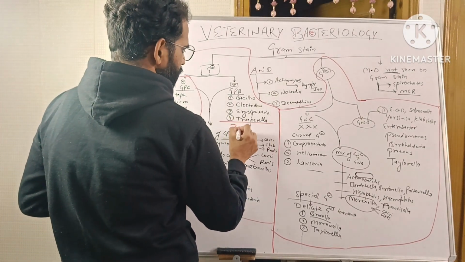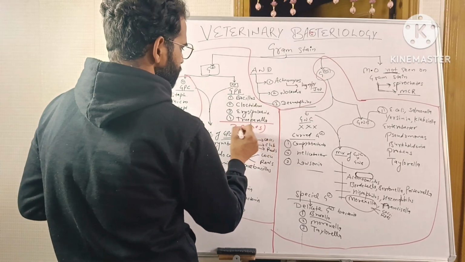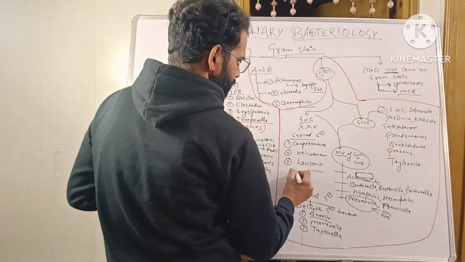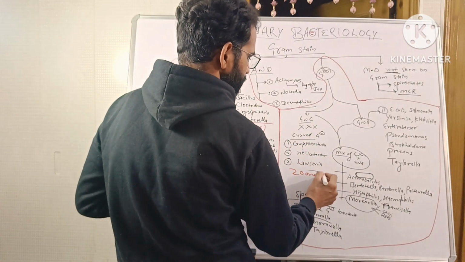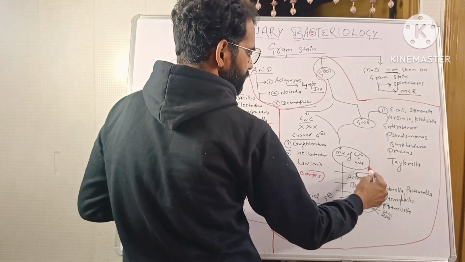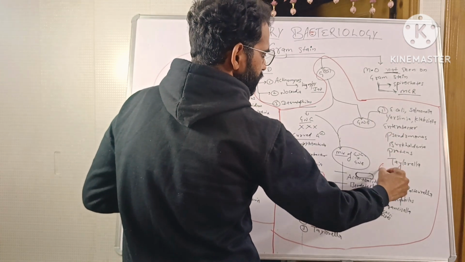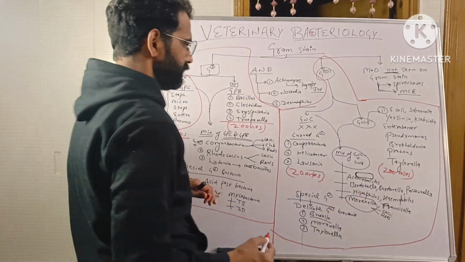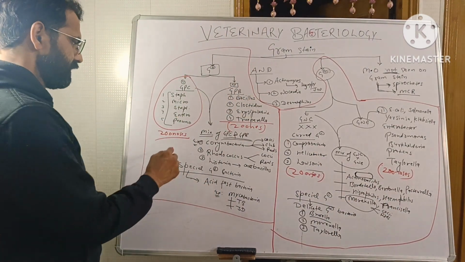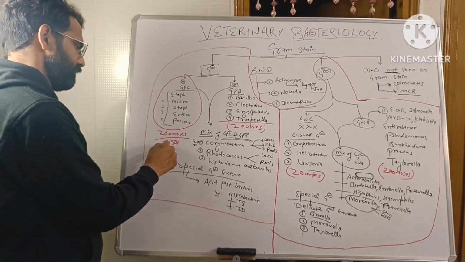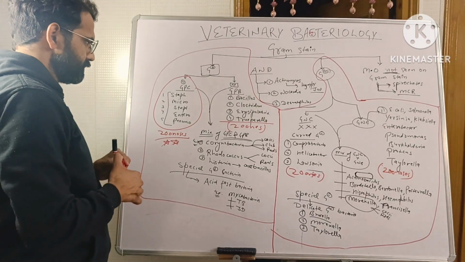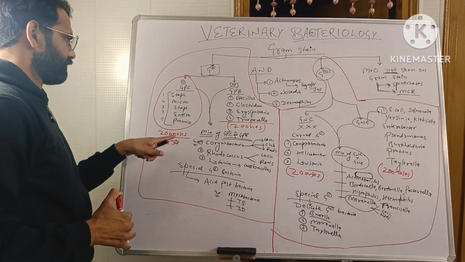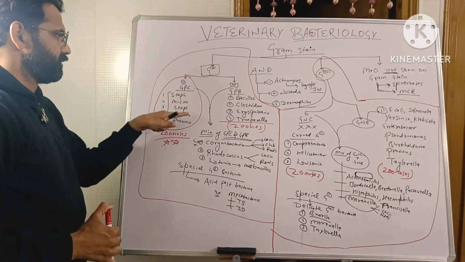Here also we'll discuss the zoonosis, and in gram negative if there is any zoonotic importance. So their cultural characteristics and their zoonotic importance. First we'll start from gram positive cocci.